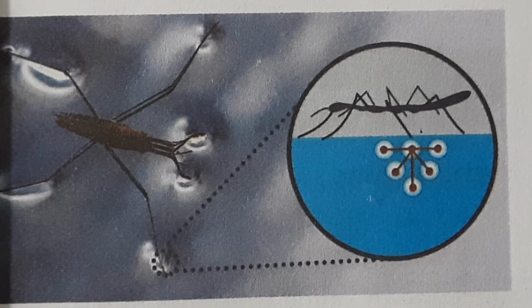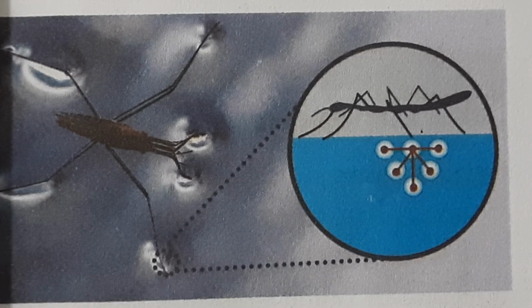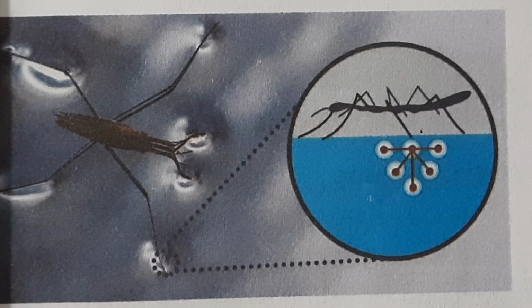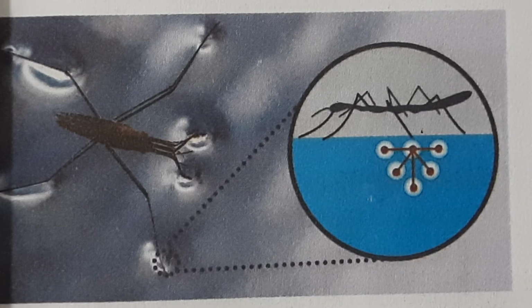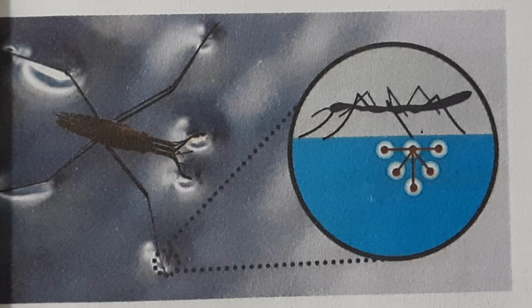Students, have you wondered how water striders walk on water? Do you know the reason? All right. When water falls on a surface, it becomes spherical in shape. Have you wondered about that?